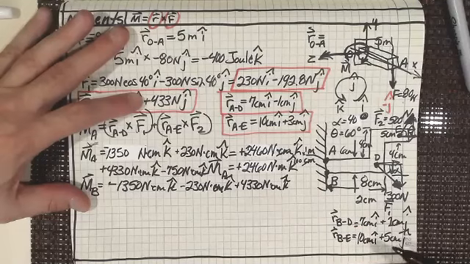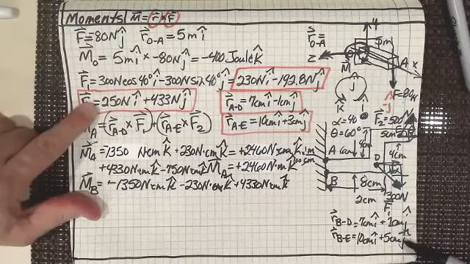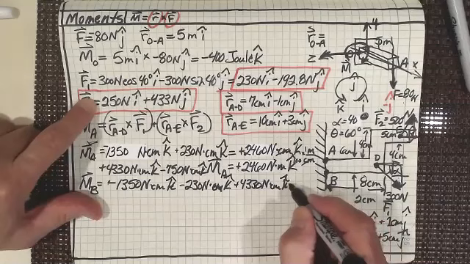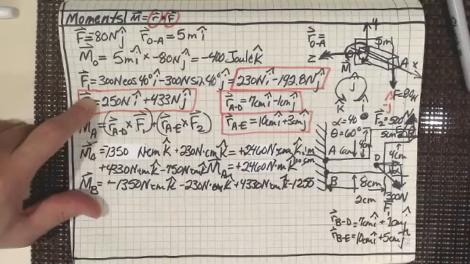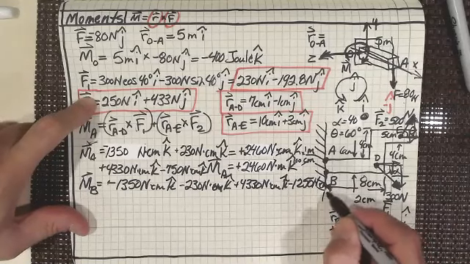And then the last one is going to be 5 centimeters now times this. So that's going to be 1,250, right? And then J cross I is minus, so minus 1,250 Newton centimeters K hat.